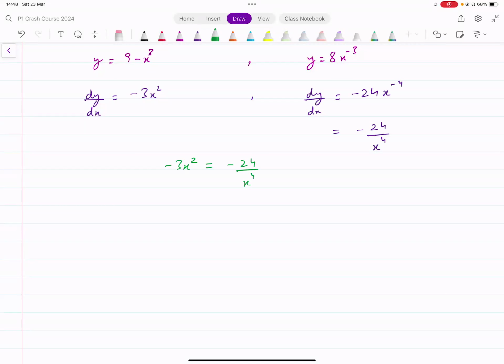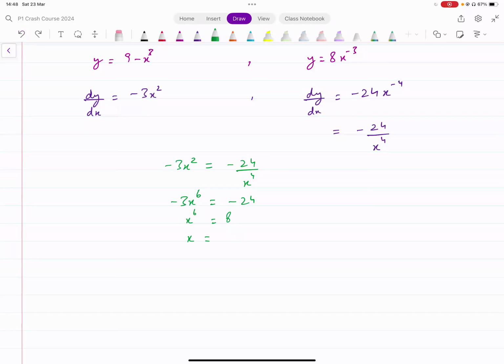What does that give you? Minus 3x raised to power 6 equals minus 24. Minus 3 goes to the other side, and you are left with x raised to power 6 equals 8. And now you take the sixth root on both sides, right? So you say sixth root, or you can say power 1 over 6.